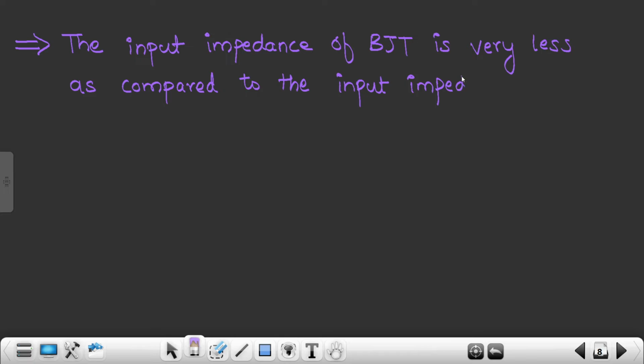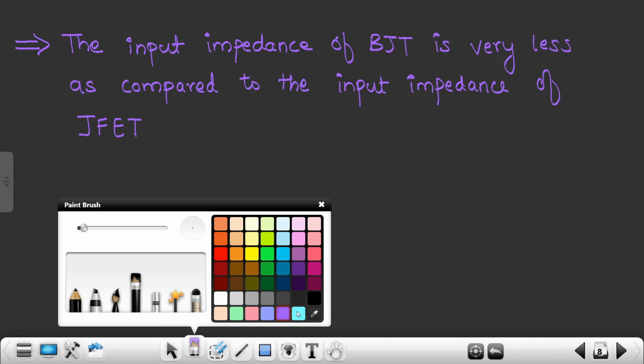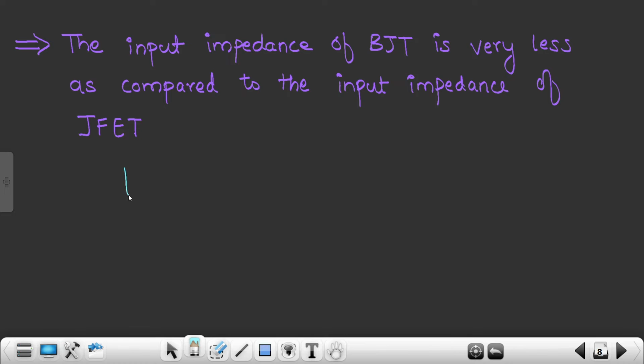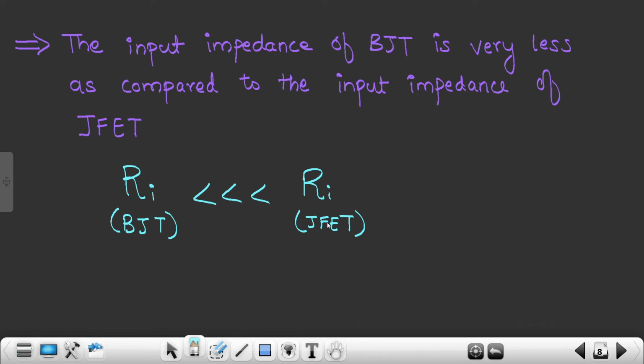Let me write it this way: R_in of BJT is very less as compared to R_in of JFET. Great. So this is the conclusion from the previous point.